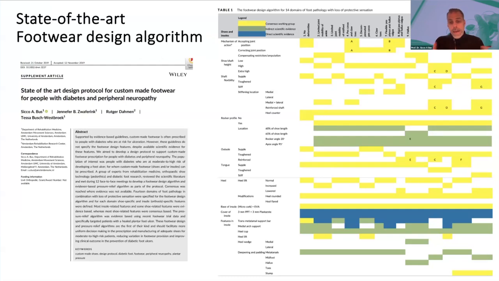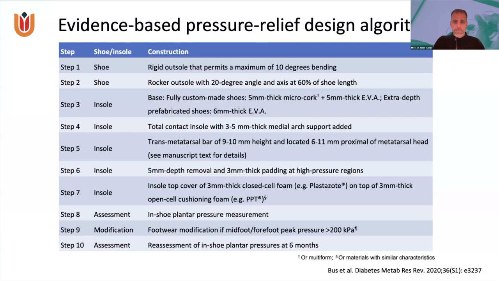Based on the evidence that we have in terms of the effect of different footwear designs on the pressure, or the ones that we know from clinical evidence, what footwear can do in a diabetic patient, mainly who has a foot deformity, where based on the specific domain of the foot, which is mainly a foot that has neuropathy and has some type of deformity, you can define based on the evidence, and if the evidence is not available, based on consensus, what the different shoe construction elements should be and are recommended for that particular domain, so for that particular deformity.